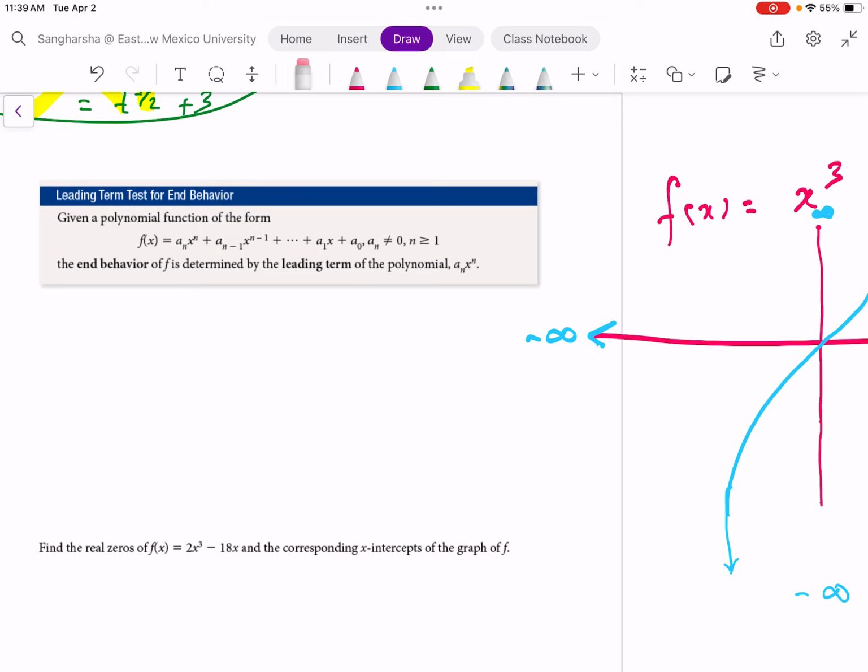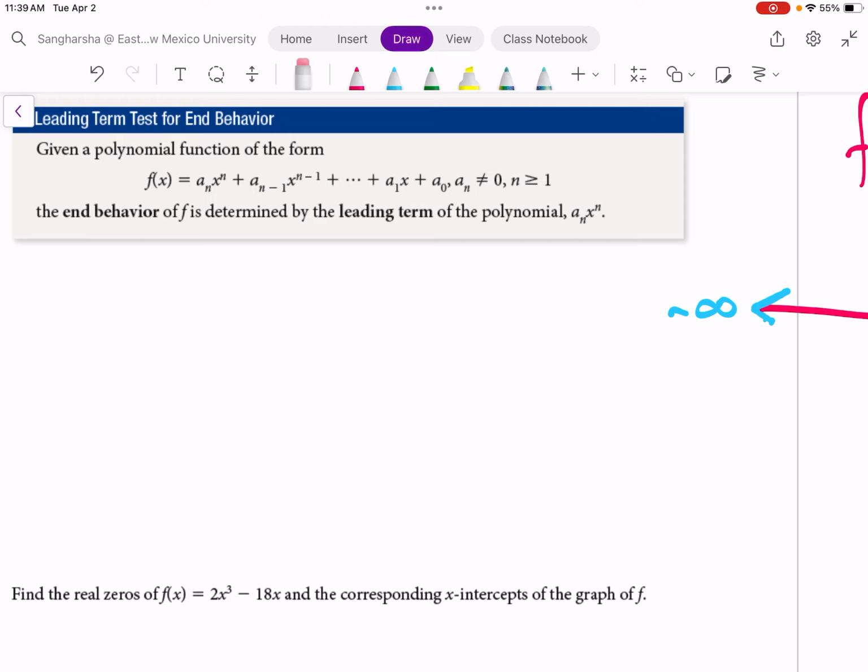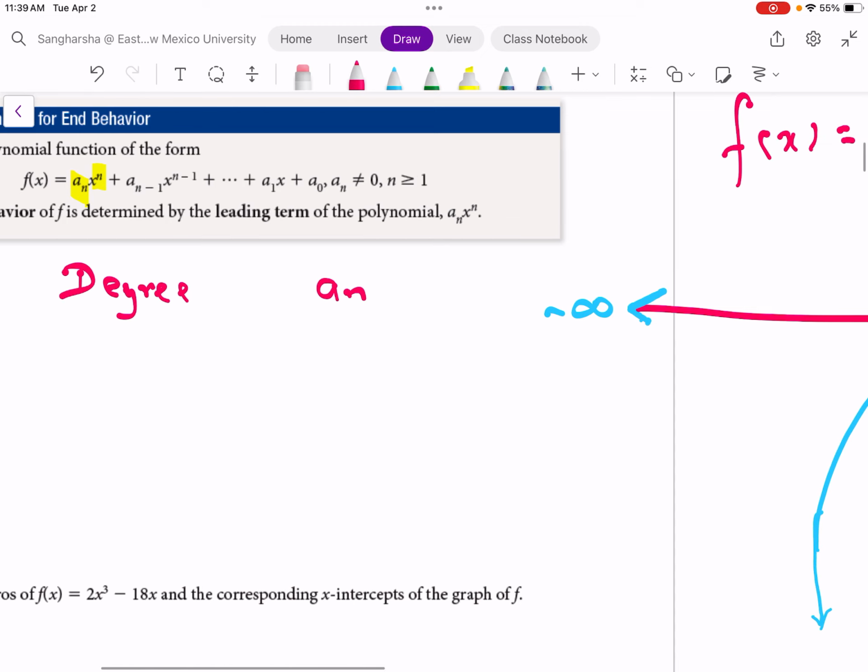Now let's consider we have a polynomial function with a degree n and a_n as the coefficient of the leading term. These are the two things that we need for this test. We use n for the degree of the polynomial function, and a_n is the coefficient of the leading term.